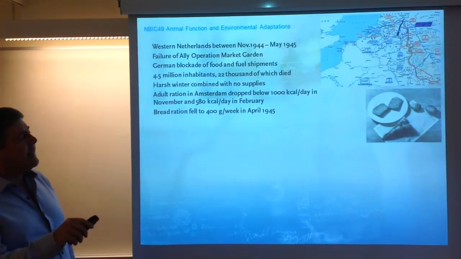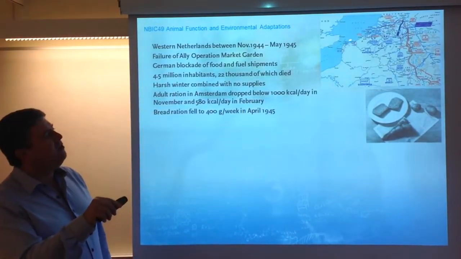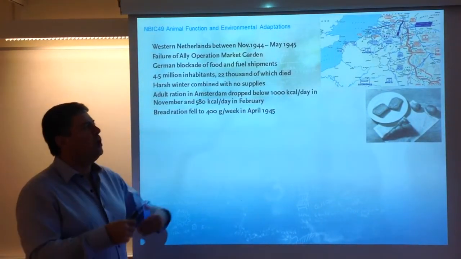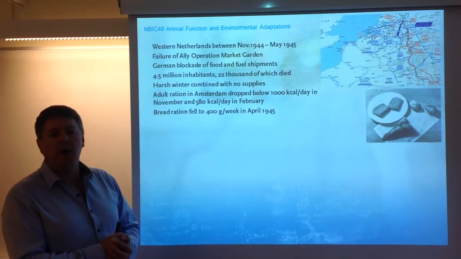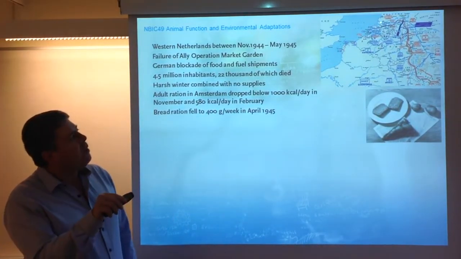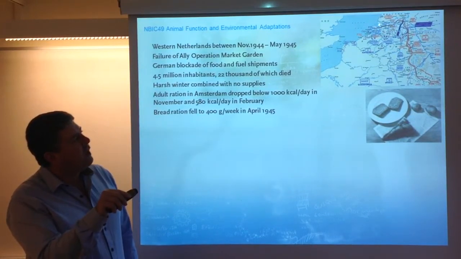In Holland at that time, when the Allies disembarked in Normandy and tried to reconquer the different German-occupied countries, they encountered a large resistance at this point here, which is the crossing of the River Rhine.